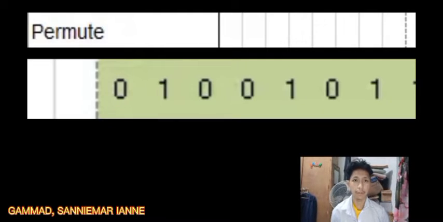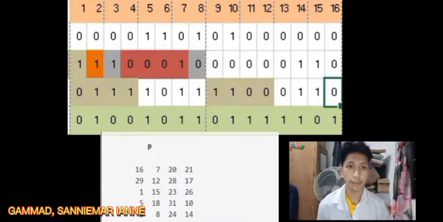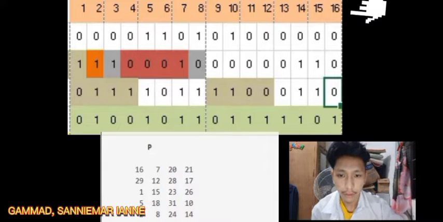So let's move to permute. To get the permute, we have a chart that we need to follow. So first we have 16, next is 7, then 20, 21, then 29, 12, 28, 17. To get the permute, we must follow the box. So first we have 16, then we must find 16 in the substitute column.